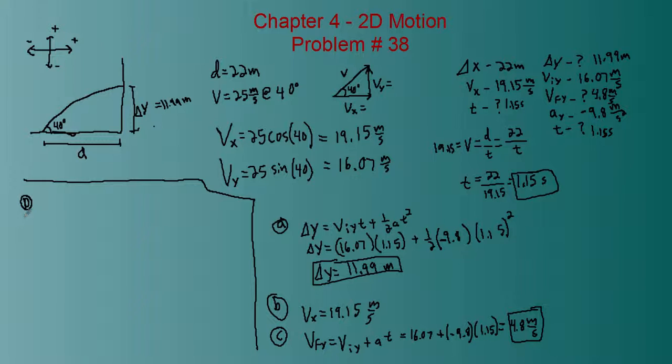Alright, so we're trying to find in part D, when the ball hits the wall, has it passed its highest point? That's why I drew in the beginning as if I didn't know. I drew it as if it hit the highest point right at the impact time, but it may still be on the way up, or it may be on the way back down.